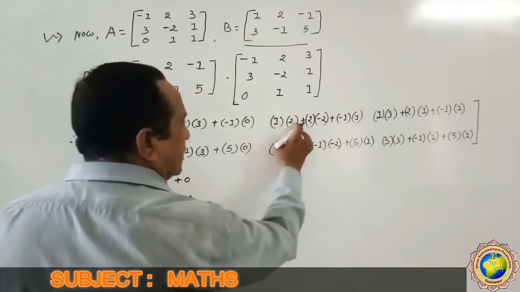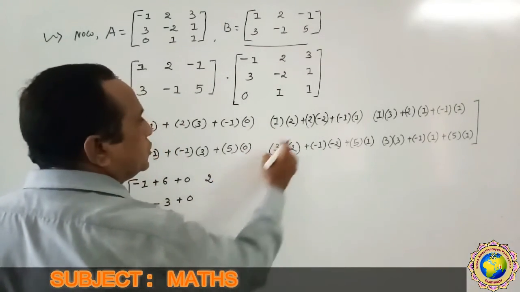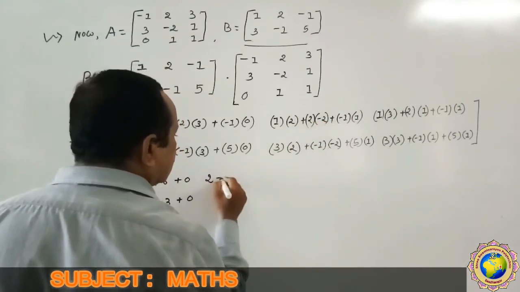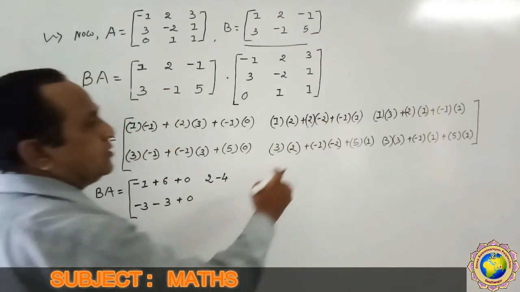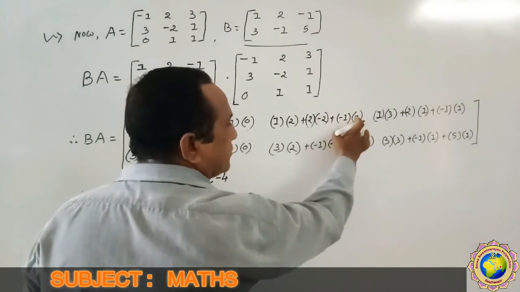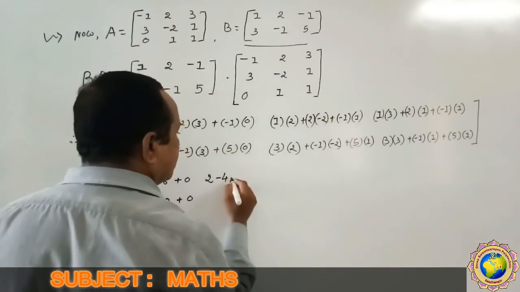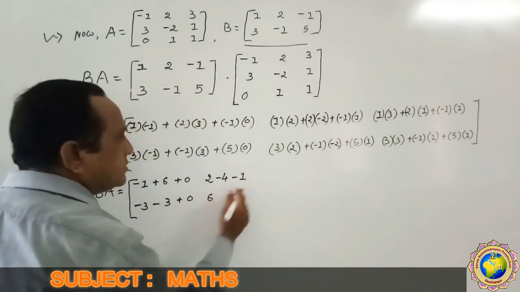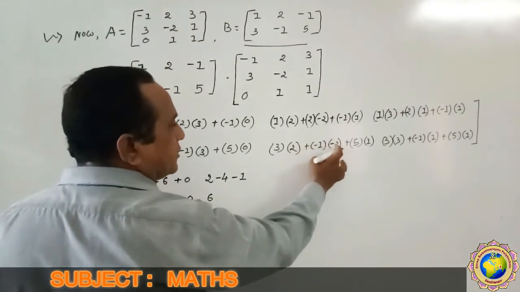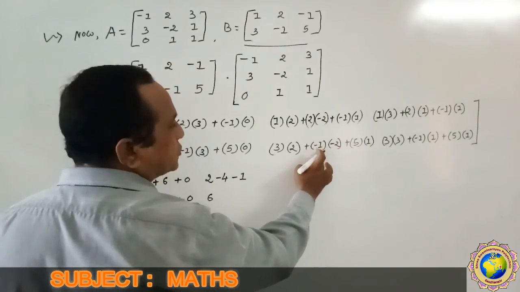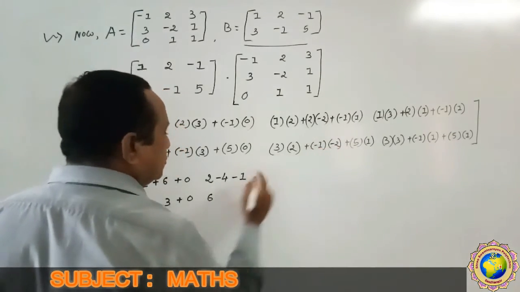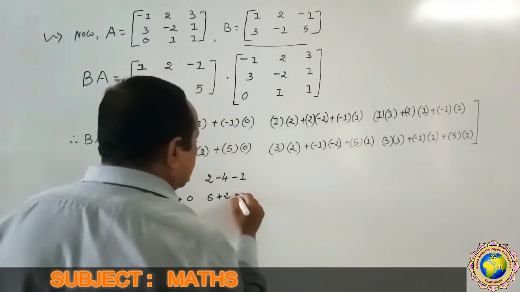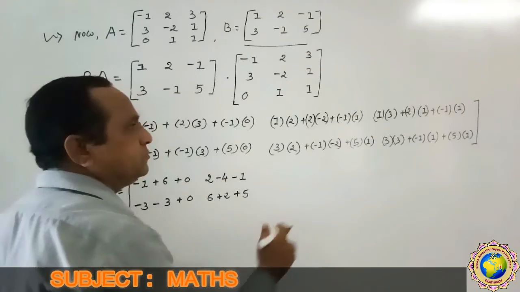Second column: 1 multiplied by 2, 2, plus 2 multiplied by minus 2, minus 4, plus minus 1 multiplied by 1, that is minus 1. 3 multiplied by 2, 6, plus minus 1 multiplied by minus 2, that is 2, plus 5 multiplied by 1, that is 5.